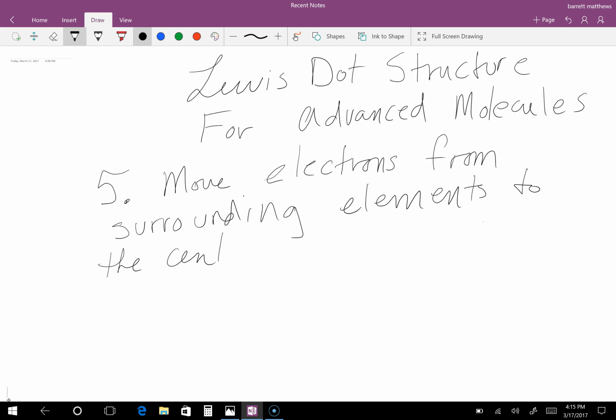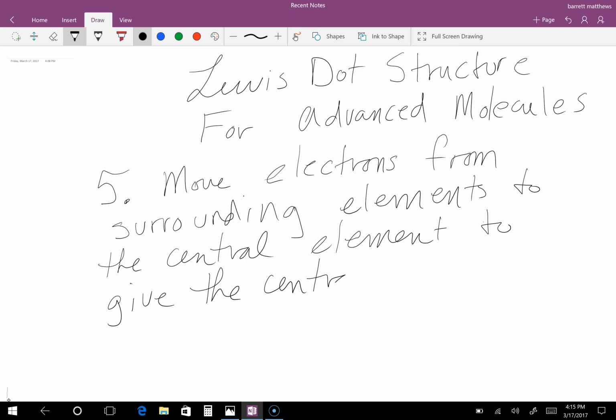So I will choose one of the atoms surrounding it and take 2 of those electrons off. I will move them between one of the atoms and the central atom to give the central atom 8 electrons. If I need to move more, I will, but I need 8 electrons around the central atom.